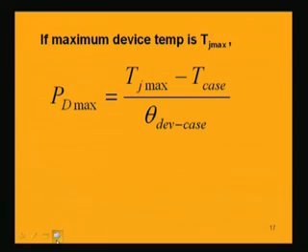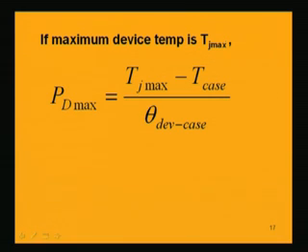So if we now consider the maximum device temperature or maximum junction temperature of the transistor as Tj max, then we can simply write down PD max for the transistor as Tj max minus T case divided by theta device to case, because here the maximum device temperature is meant.